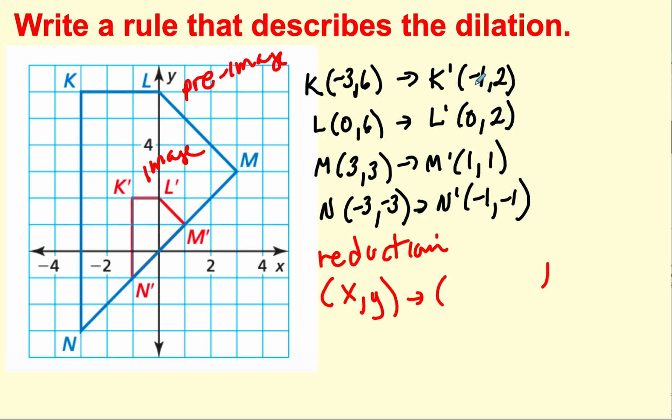And it looks like I'm multiplying by a third. Take 6, what do I multiply it by to get 2? It looks like 1/3. And that looks like what's happening with all the other numbers. So I'm taking 1/3 of x and 1/3 of y. That is going to be my rule, and I expect that because a number between 0 and 1 will make the figure a reduction.